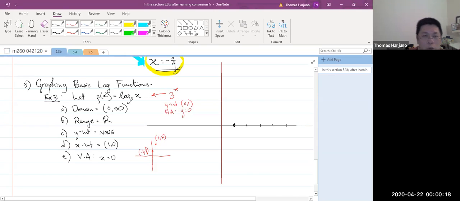Because when I do the log, I basically reverse the x and the y. X becomes y, y becomes x. So (1, 3) later on in the log becomes (3, 1). And (-1, 1/3) becomes (1/3, -1).